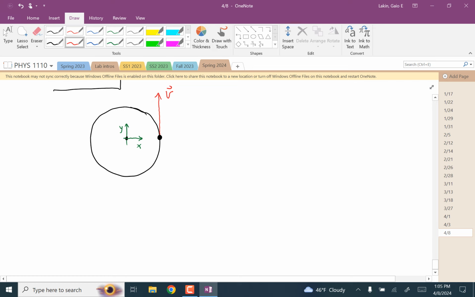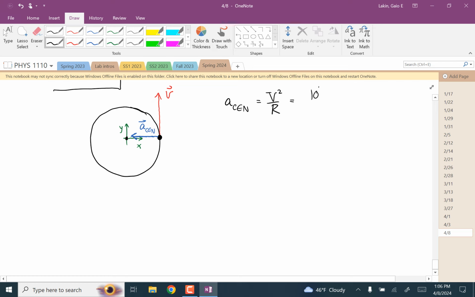Now find the components of the centripetal acceleration. Okay, well, the direction of the centripetal acceleration is from the point toward the center. The magnitude of the centripetal acceleration is the speed squared divided by the radius of the circle.